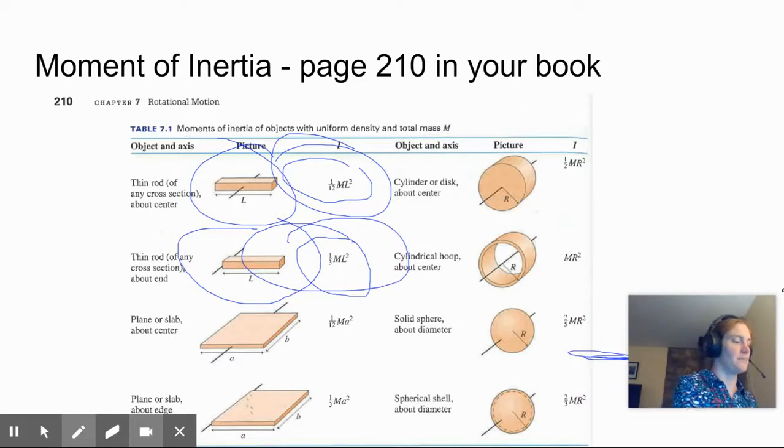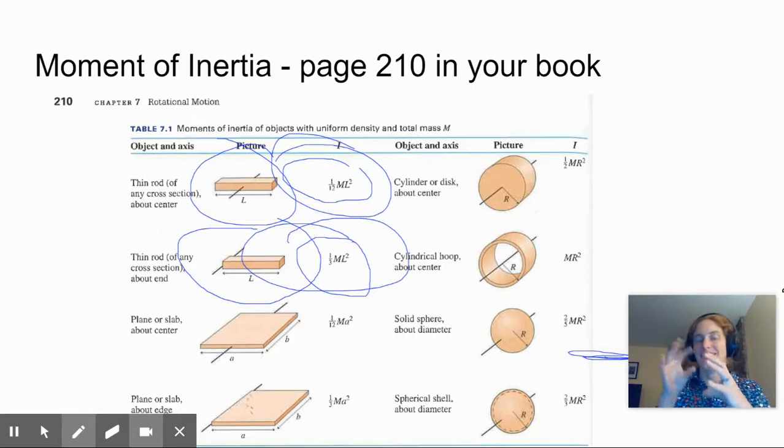Now I want to be able to compare something that is a solid sphere like a bowling ball and compare that to something like a tennis ball or a ping pong ball where the center of it is hollow. So thinking again, just like how we compared the solid cylinder to a cylindrical hoop, the spherical shell or a ping pong ball or tennis ball where the middle is empty doesn't have any mass in the middle, which means that there's no mass that can be close to that rotational axis.